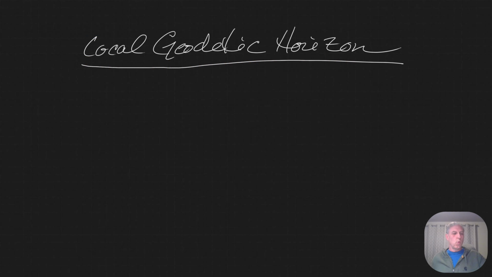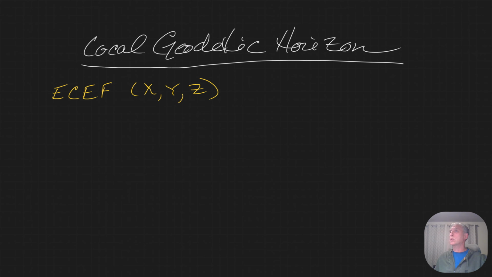Hey everybody, welcome back. So we've been talking about coordinate systems, and we've talked a little bit about rotation, translation. So far, the coordinate systems we've been looking at are the Earth-centered, Earth-fixed X, Y, Z coordinates.